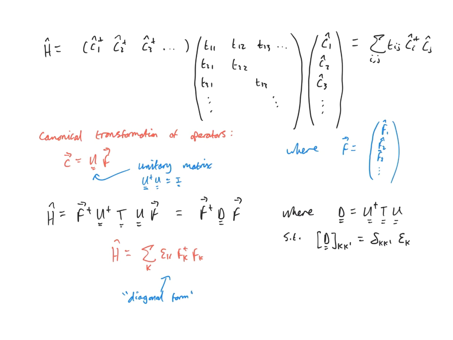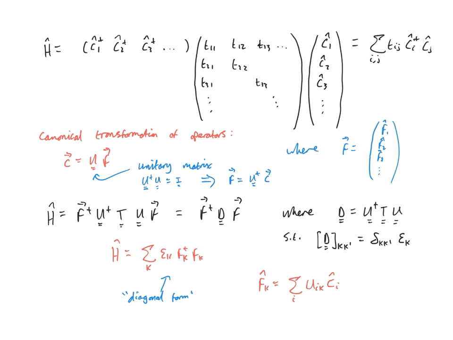Therefore, U dagger is the inverse of U, and I can invert this equation and write that the F's are equal to U dagger times the C's. So that means I can write a given F, Fk, as the sum over I of U I k times the Ci's.